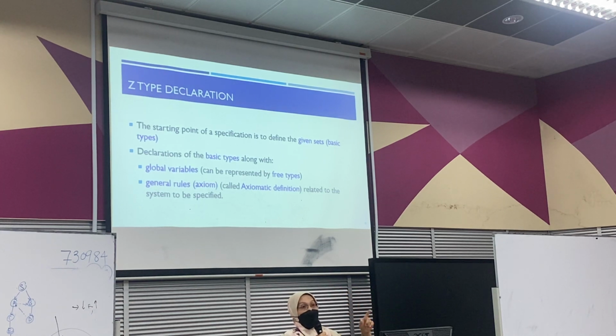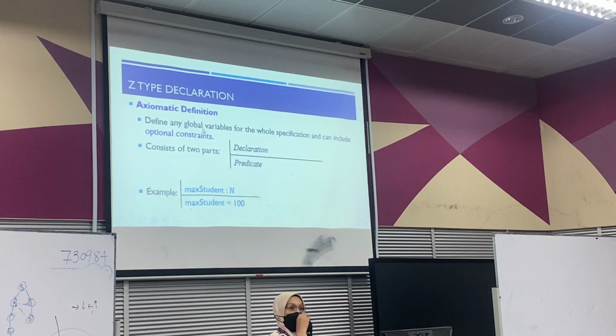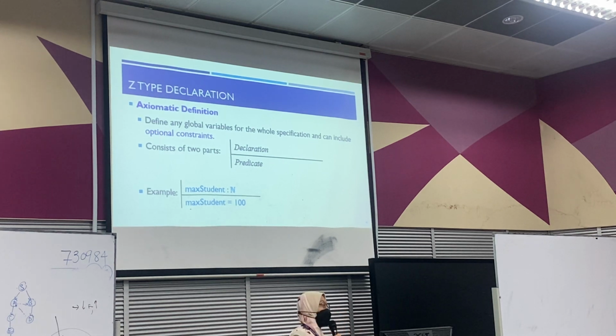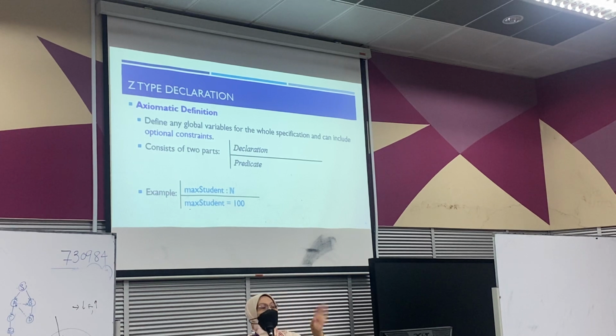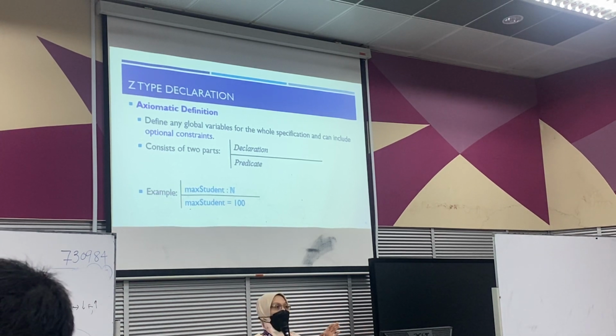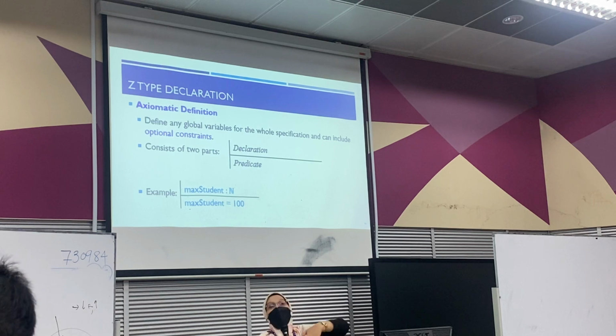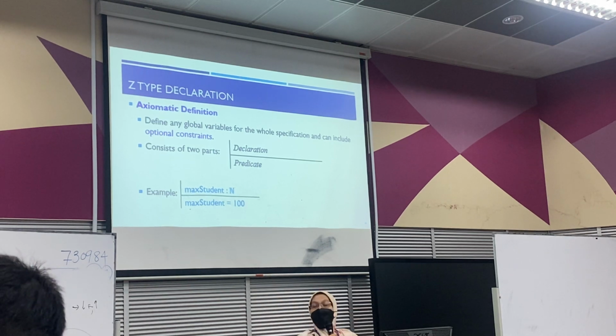So you can have another global part which we call axiomatic definition. Axiomatic definition shows global variables. For example, let's say you want to say that every tutorial class has a maximum of 24, meaning global for everyone in the system, the maximum students in the class is 24.